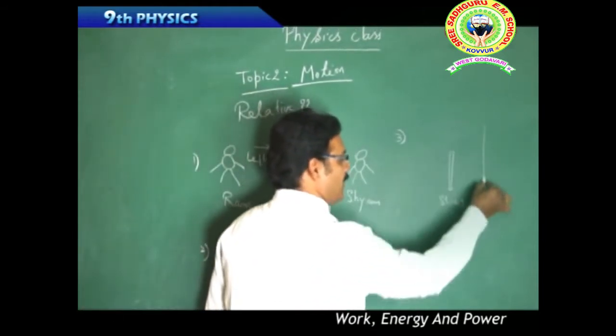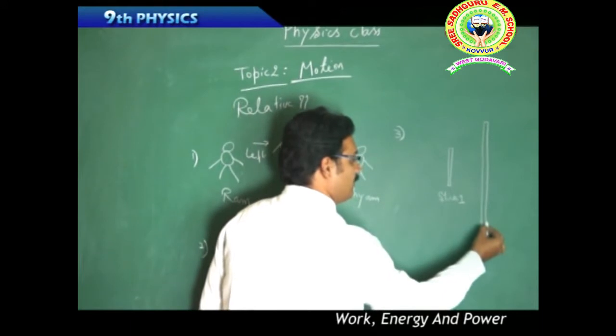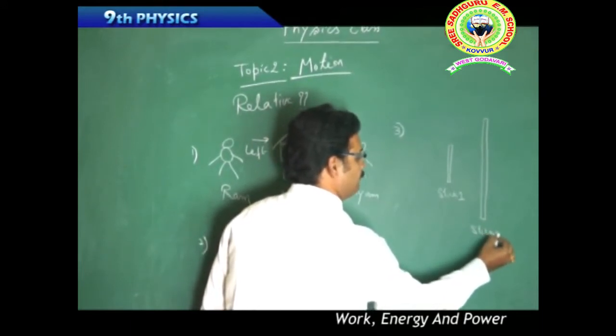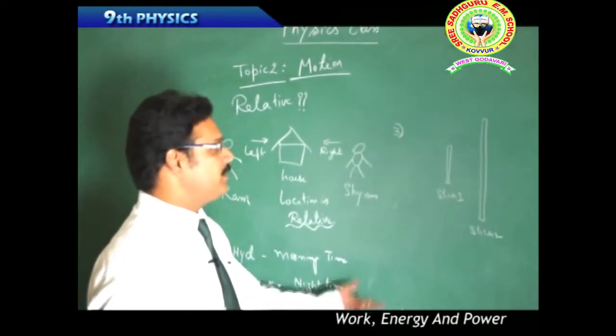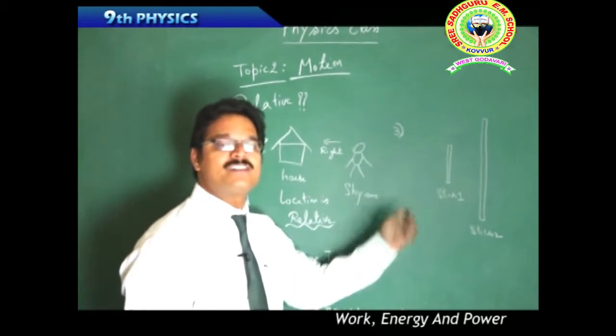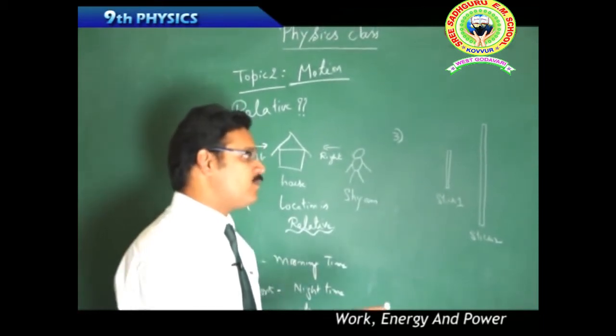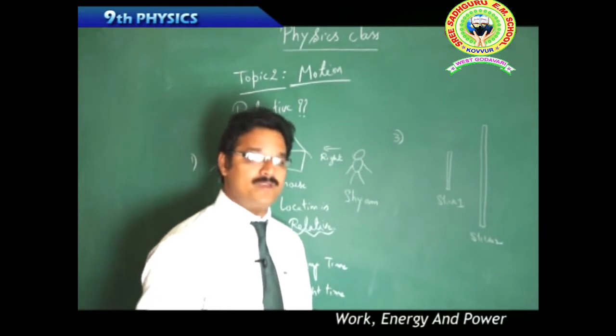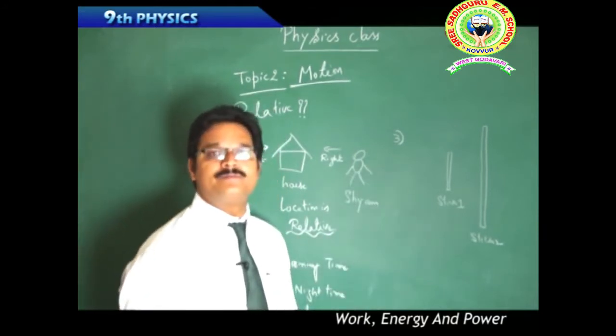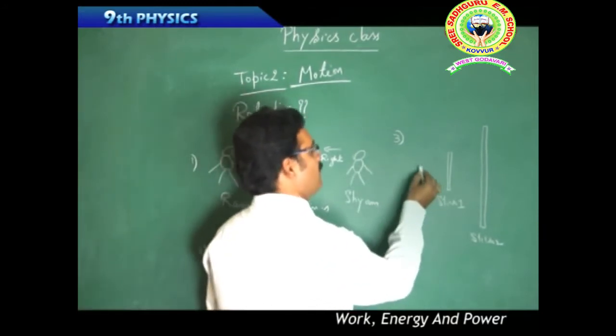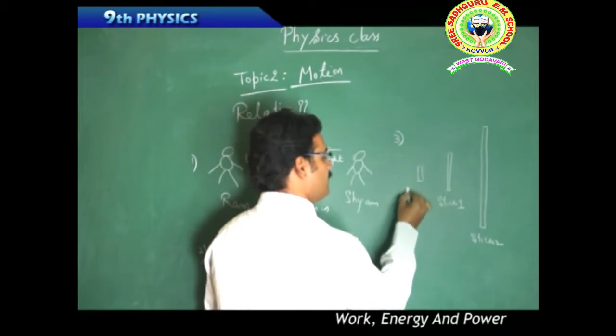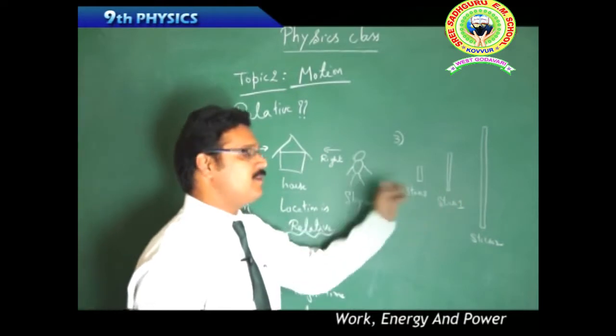You will keep another stick which is longer than stick 1. Then automatically stick 1 becomes shorter. Now if I ask, okay, show me stick 1 longer, then you keep another stick which is shorter than stick 1. Then stick 1 becomes longer.